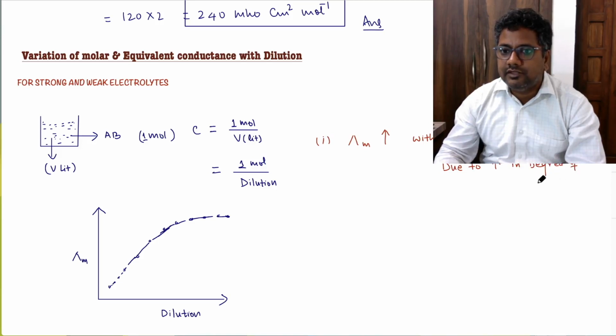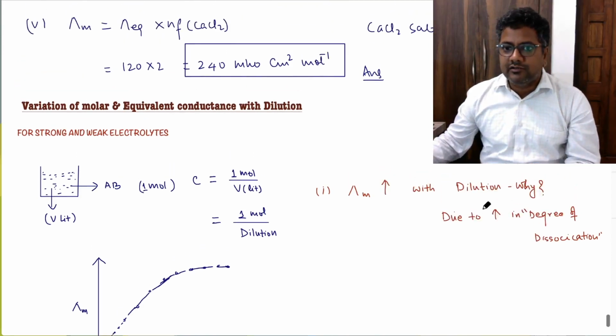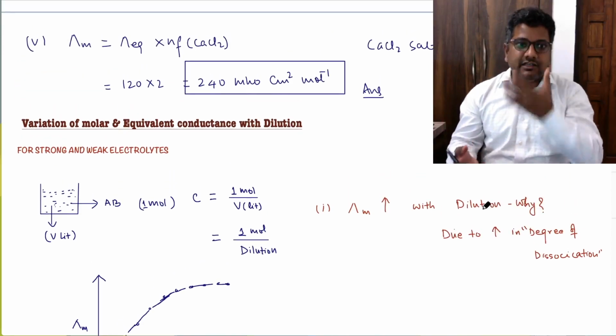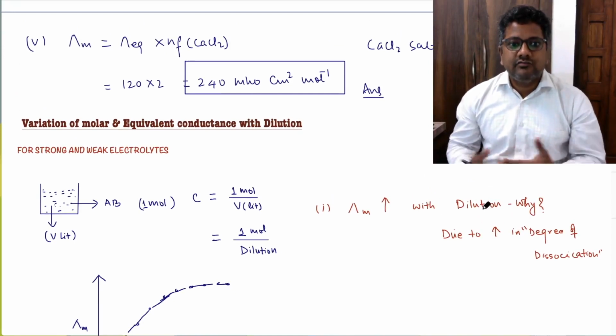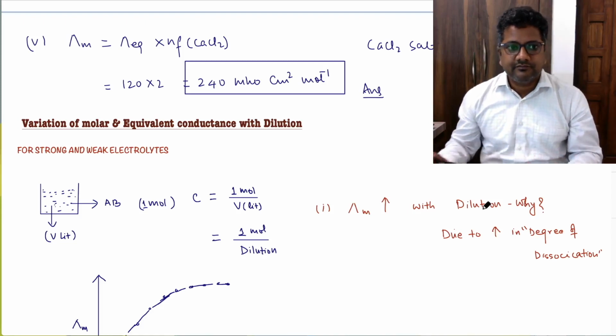Degree of dissociation means the molecules dissociated, and if the number of molecules dissociated increases, the number of ions increases, so molar conductance increases. Got it? Clear? Okay.